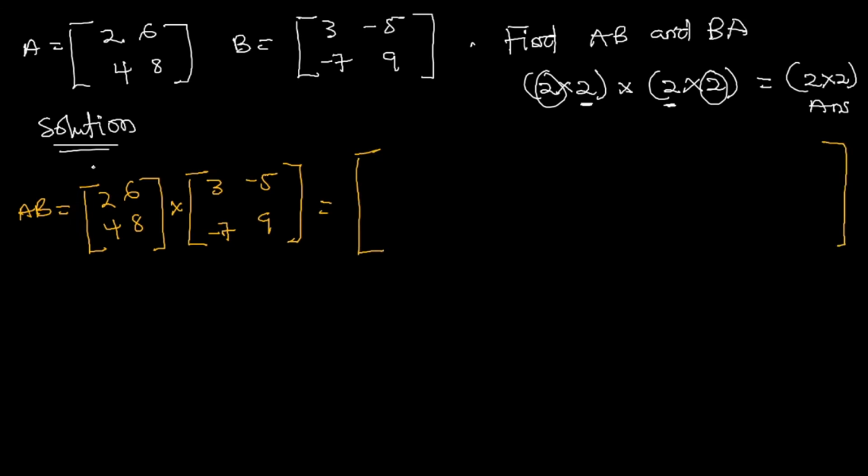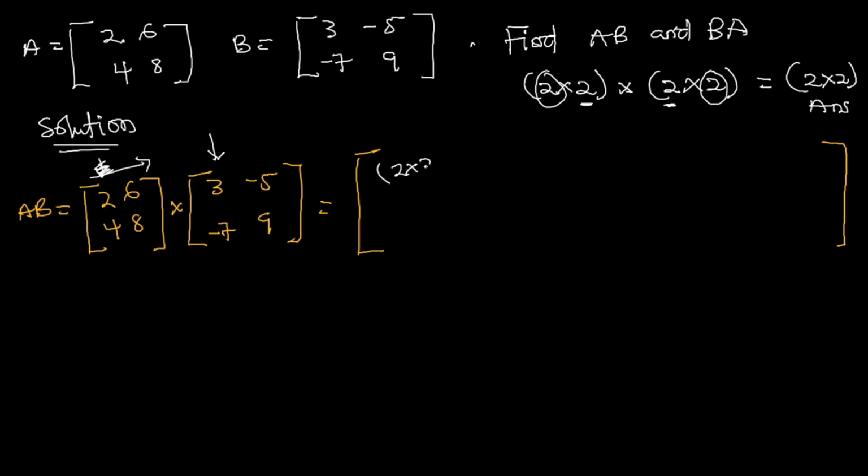We use the first row to multiply the first column first. Sorry, we are going to use this first row to multiply this column. So we have the 2 over here multiplying the 3 over here.